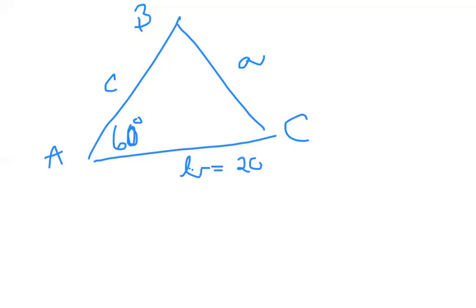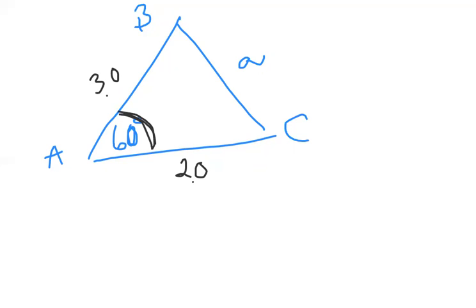Okay, so let me go ahead and erase this part right here. I'm just going to put the 20 right there. Okay, so let me go ahead and write the information on here. That's 20. And then side C is 30 units long, okay?